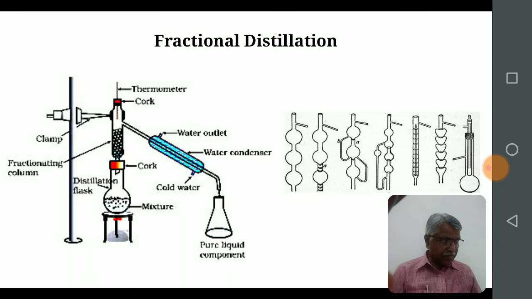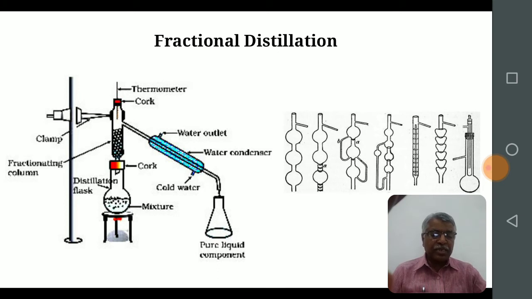As a mixture of liquids, say A and B, is heated in the distillation flask, the vapors consisting of the more volatile component A rise up on coming in contact with the large cooling surface of the fractionating column. The vapors of B will condense while those of A will pass over and collect in the receiver, while the condensed liquid consisting of the less volatile component B flows down the fractionating column.